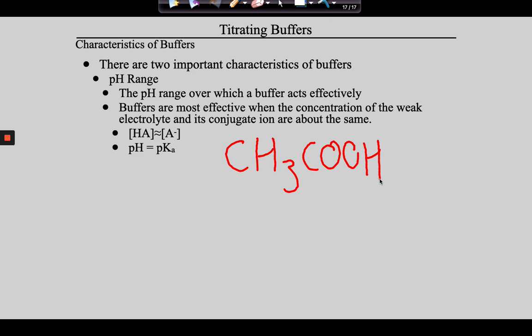Did that make any sense at all? That barely sounded like English to me. But the idea is this, guys. If we're building a buffer, and if they give us acetic acid and then sodium acetate to build our buffer, what pH would that be a reasonable choice to build the buffer for? Was that any better?